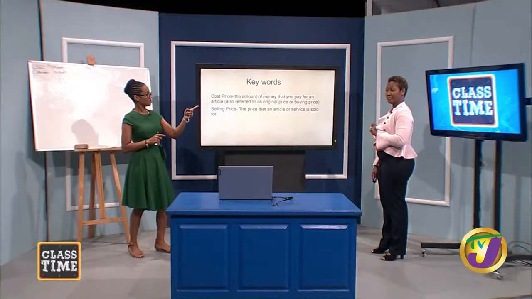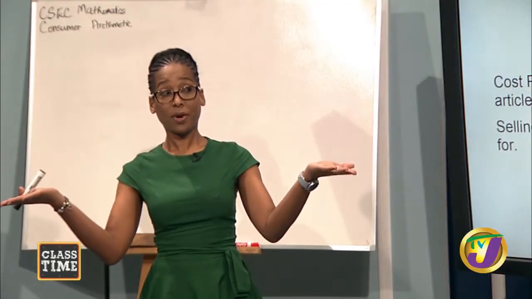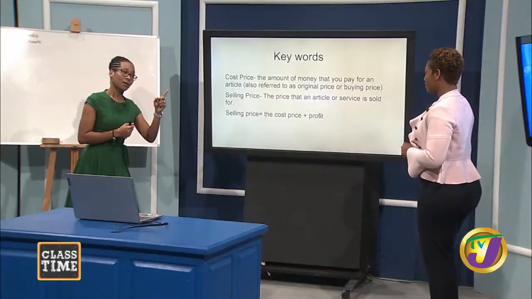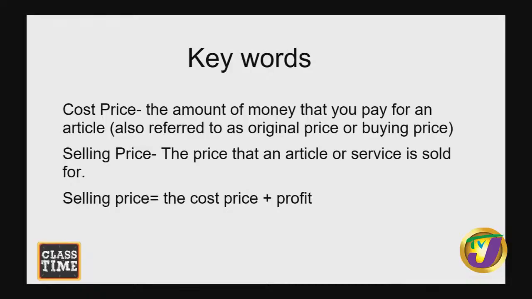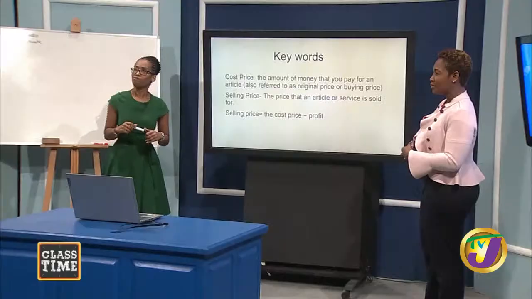There is a relationship between the cost price and the selling price. The selling price could be the cost price plus the profit. Now, does every business that opens, everybody that buys and sells, always make a profit?